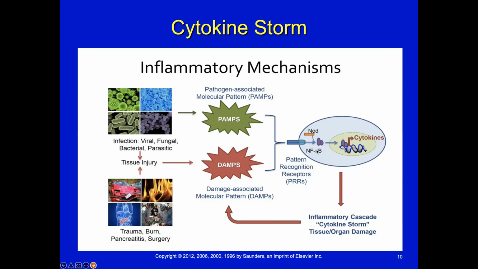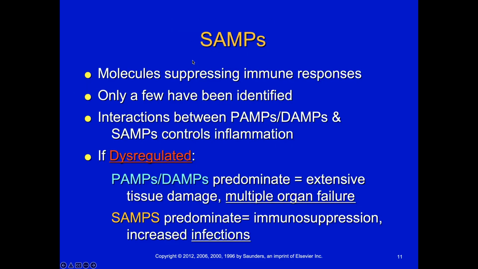So there has to be something that's going to prevent this and control the inflammatory response, and that is where our SAMPs come together. So remember, this is suppressive associated molecular patterns. So these are molecules that will suppress the immune responses.